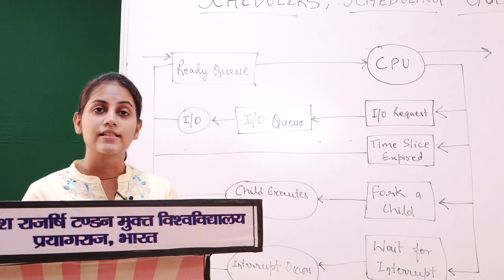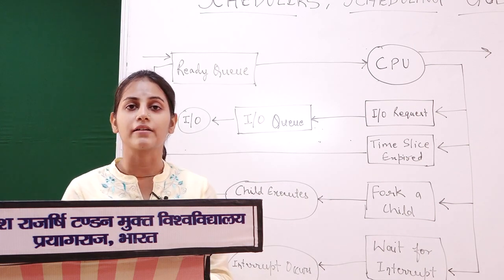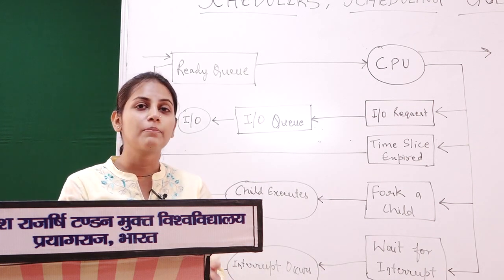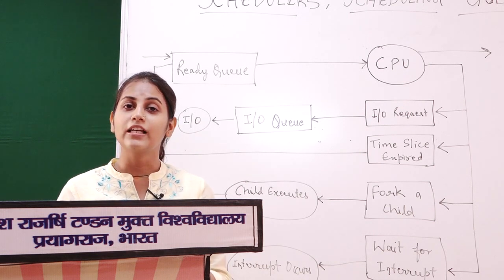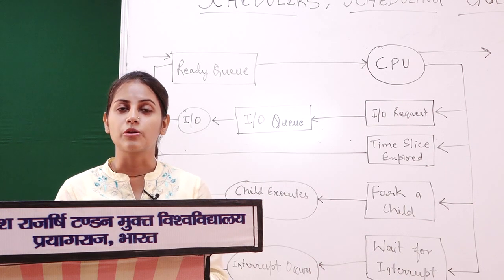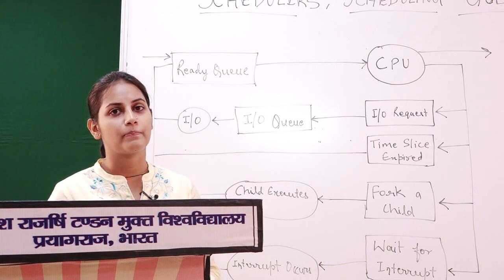And therefore, it is important for the long-term scheduler to select processes in such a manner that there is a good mix of CPU bound and I/O bound processes, so as to give the illusion of multiprogramming to the user and keep the CPU busy all the time.